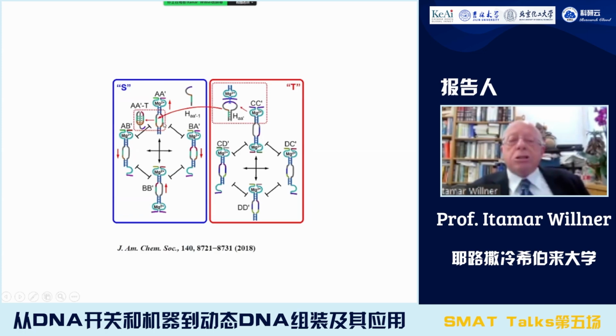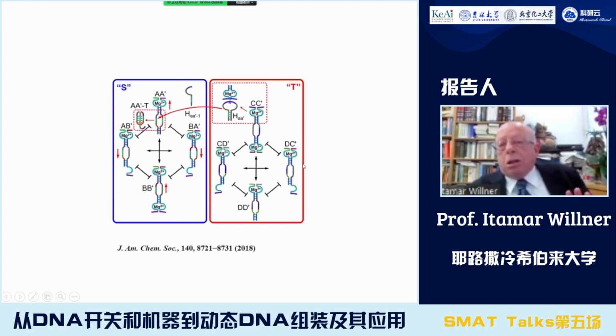stabilizes this B-loop region of the constituent AA prime in network S. You will immediately say, if we stabilize the triplex structure here, this will be upregulated, this will be upregulated, and these two will be downregulated.